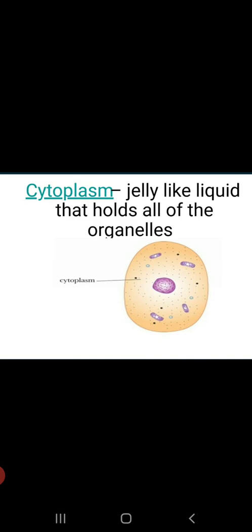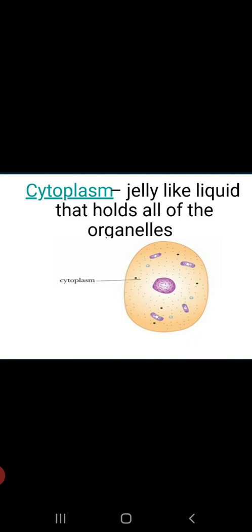If you just look at the cell, the cytoplasm is the jelly-like fluid which occupies the space between the cell membrane and the nucleus. Within the cytoplasm, tiny components or specialized structures are present. They are called cell organelles.